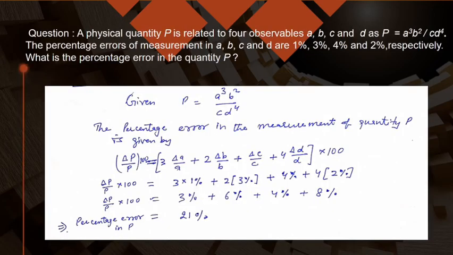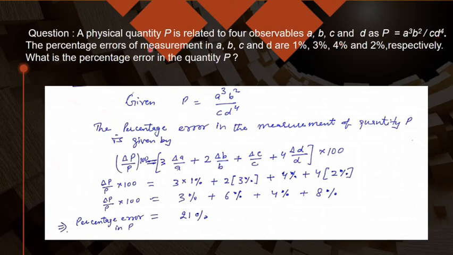Okay, moving ahead, the question I have taken for you. A physical quantity P is related to four observables. Here it is written A, B, C and D. And the formula for P is given as A cube B square divided by C D power 4.